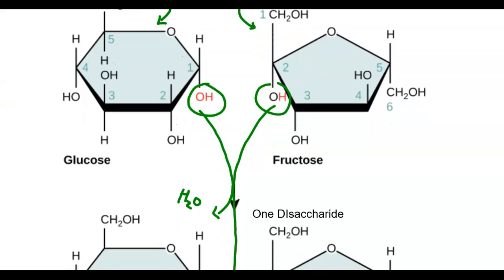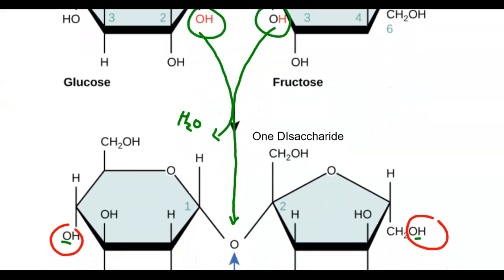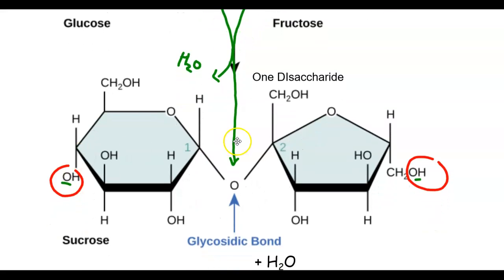Well, let's go to our previous picture here. Here's the creation of the single disaccharide. And I would like you to notice, there's an OH group hanging out over here on the far side of this fructose molecule. And if we go to the far left, there's an OH group hanging out on the edge of the glucose.